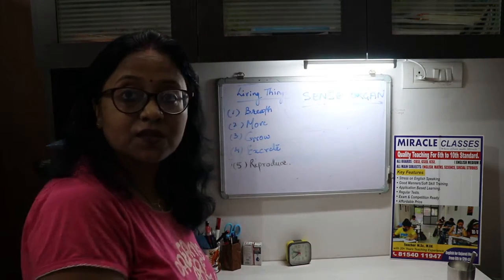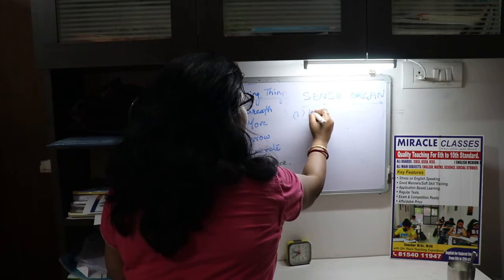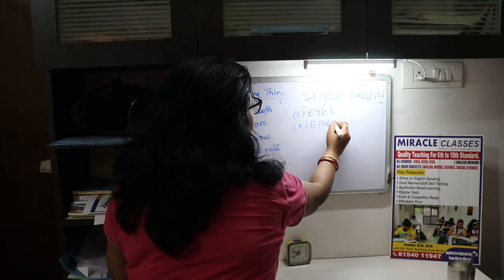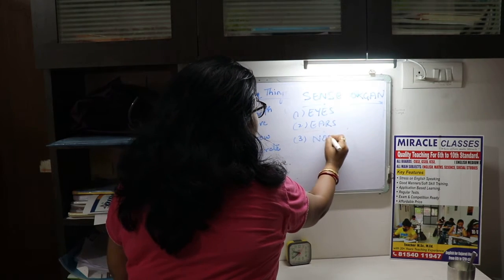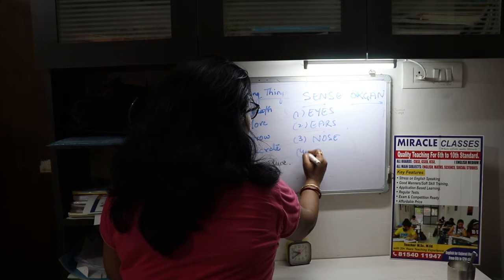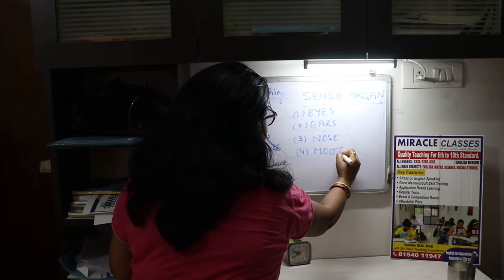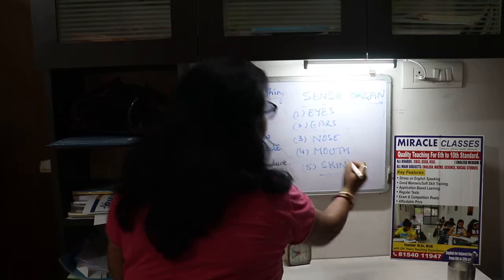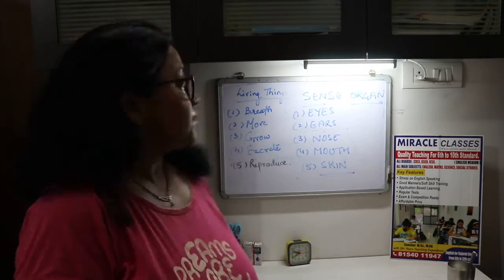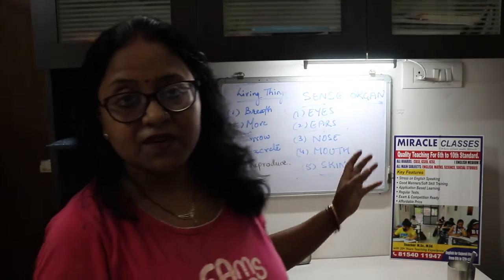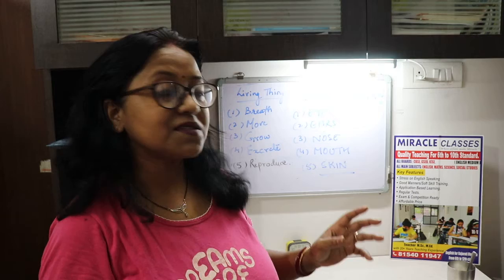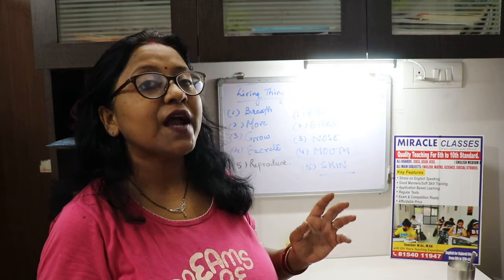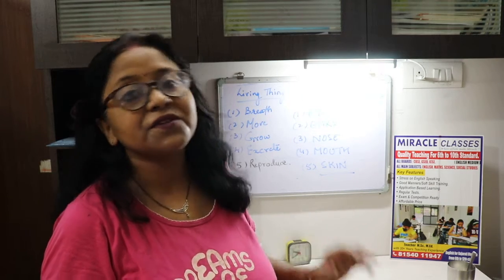Now those sense organs are eyes, ears, nose, mouth, and the skin. These 5 sense organs take the stimuli or the questions that are made by the environment.